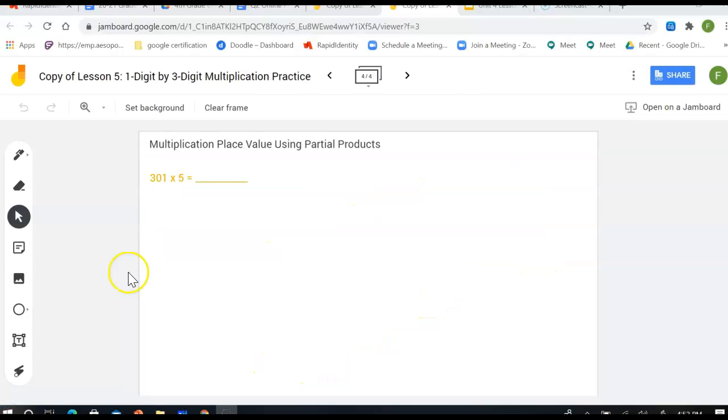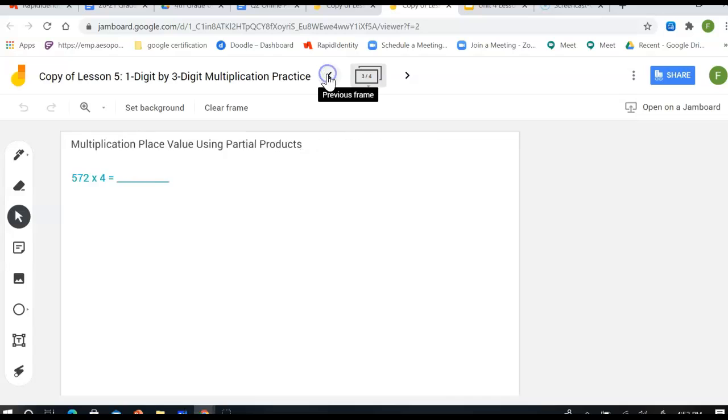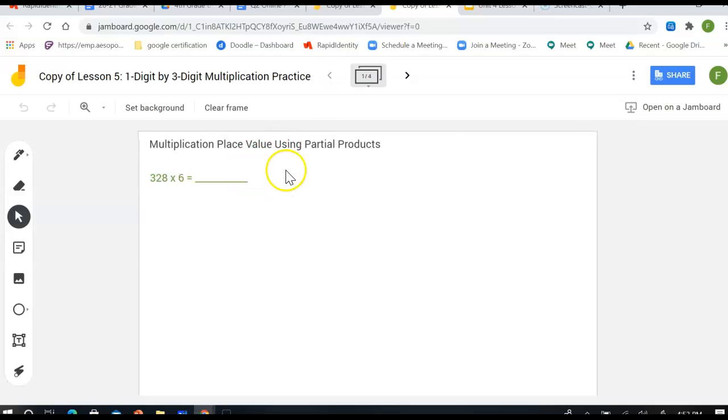So the Jamboard for independent practice, guys, this is what it looks like. There's actually 4 total on here, but this is the first one on there. 1-digit by 3-digit multiplication practice. So this one, multiplication place value using partial product, so 328 times 6.